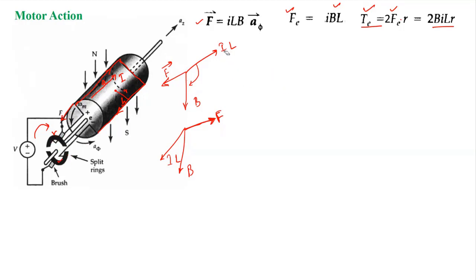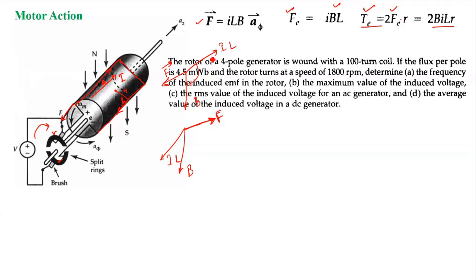Okay, so now we'll move to a small problem. After this problem, we'll go to the time varying field. What will happen to the coil when the coil is placed in a time varying magnetic field? Okay, so now let us see.